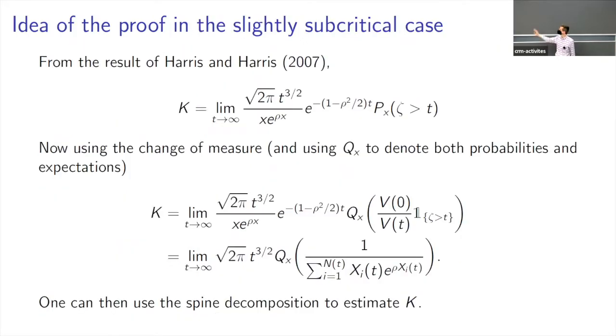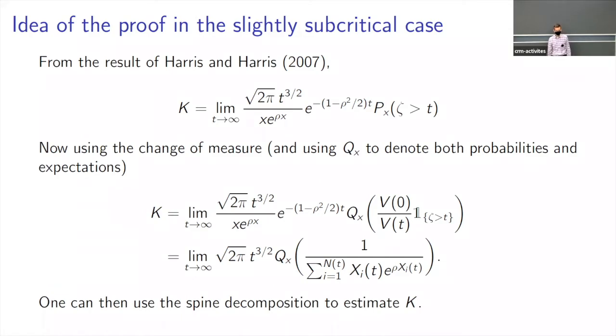I recall from the result of Paris and Paris that if we want to calculate the expected number of particles alive at time t conditioned on survival until time t, we need to calculate this constant k, which it turns out can be written in this form here.